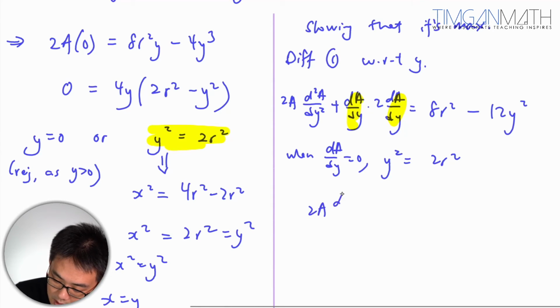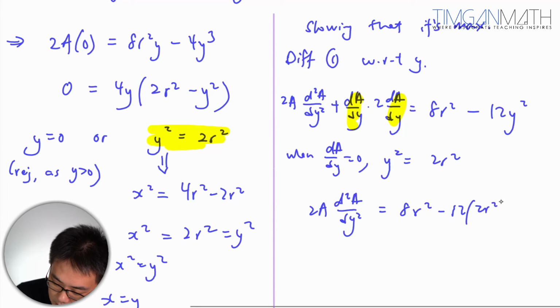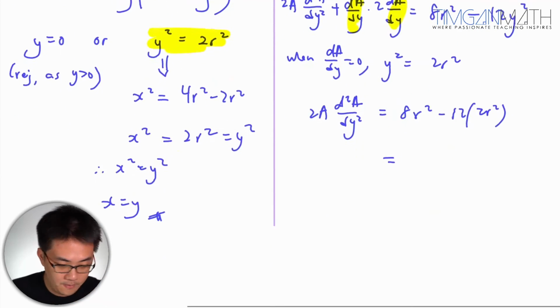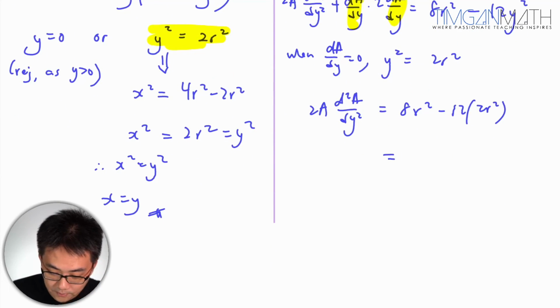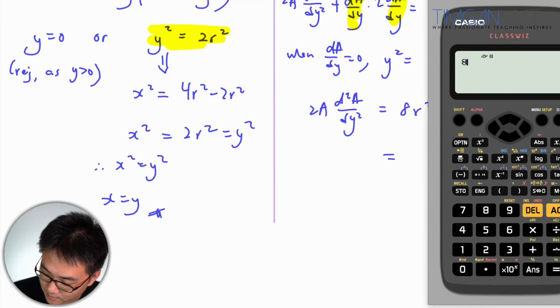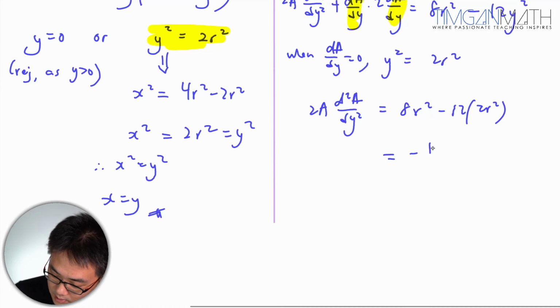So 2A d squared A/dy squared equals 8r squared minus 12 times 2r squared. This would just be 8 minus 24, which will be negative 16r squared over 2A.